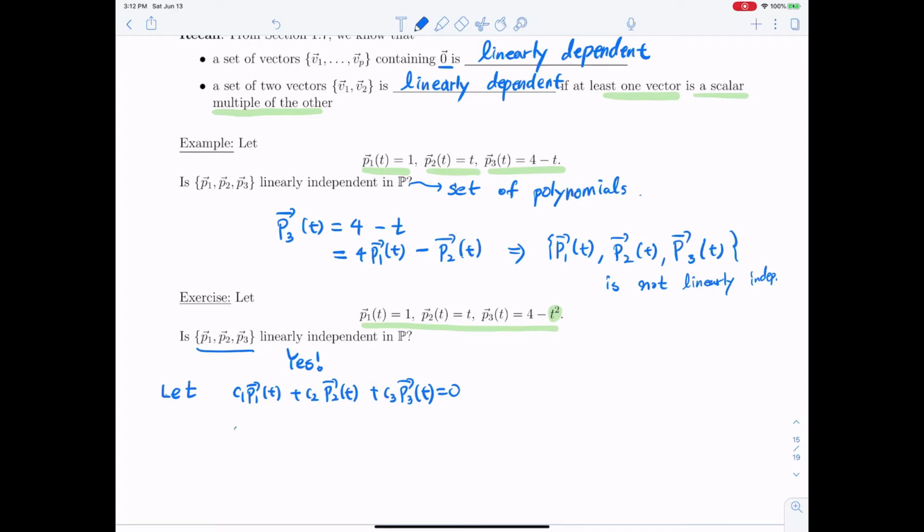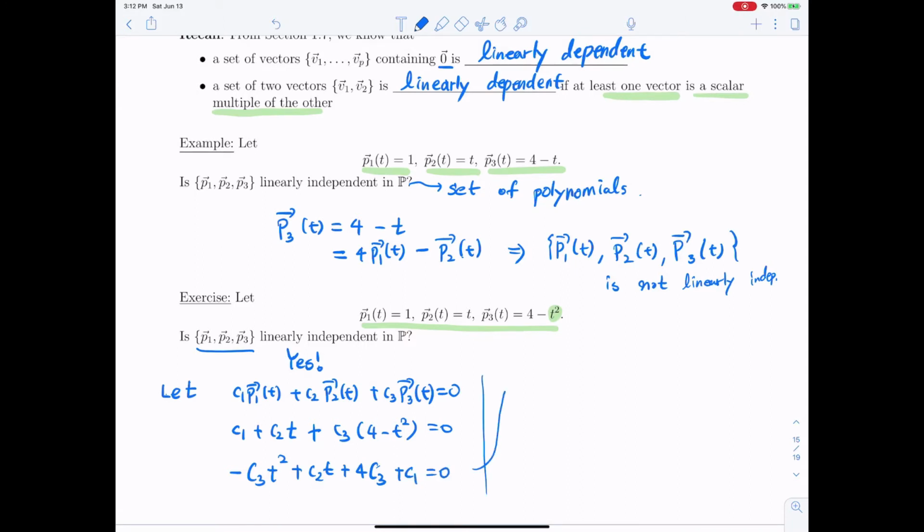In other words, this means C1 plus C2 times t plus C3 times (4 minus t squared) equals 0. If you distribute C3 into the parentheses, then you get negative C3 t squared plus C2 t plus 4 times C3 plus C1 equals 0.